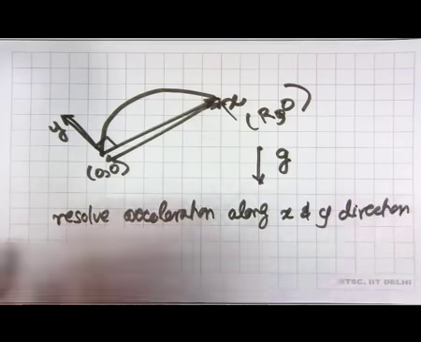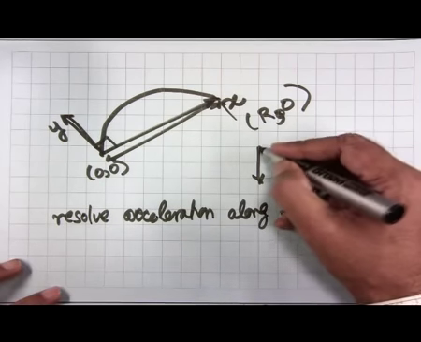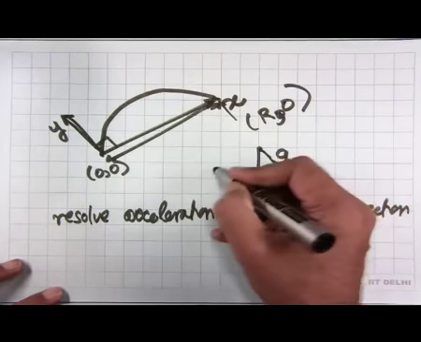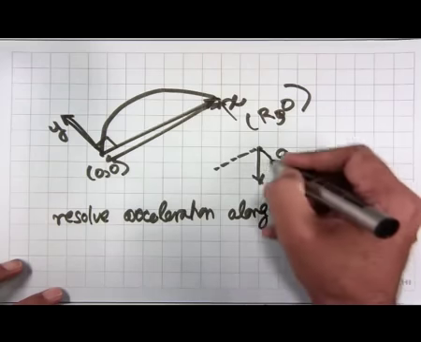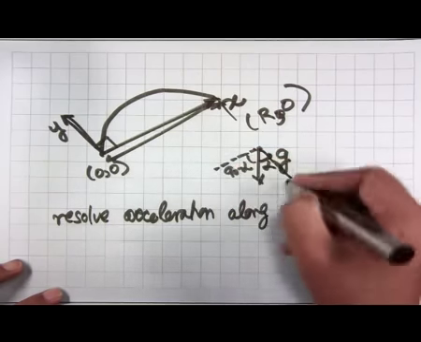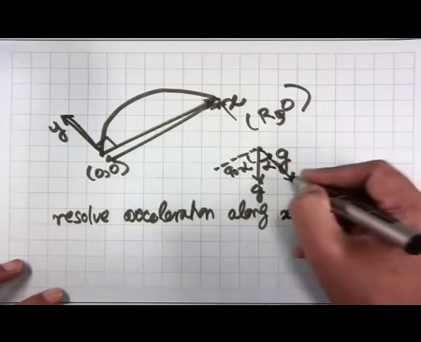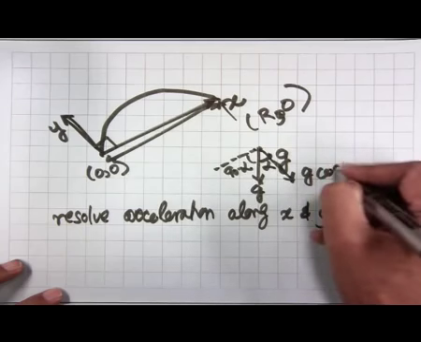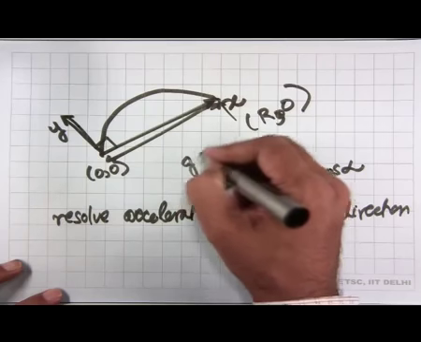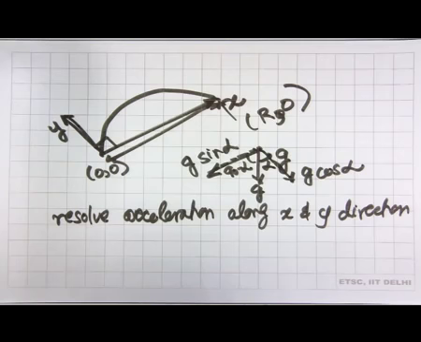This direction is parallel to the plane, this angle is alpha, and this angle is 90 minus alpha. So if this is g, the component in this direction will be g cos alpha, and the component along the plane will be g cosine 90 minus alpha, which I can write as g sin alpha.